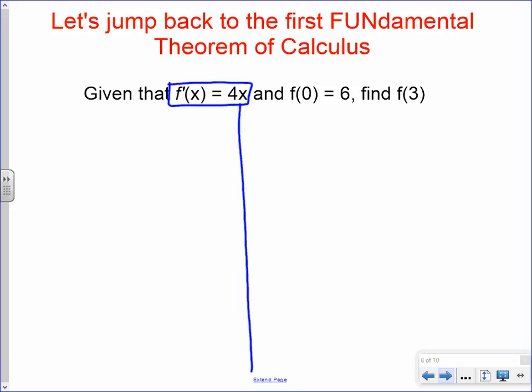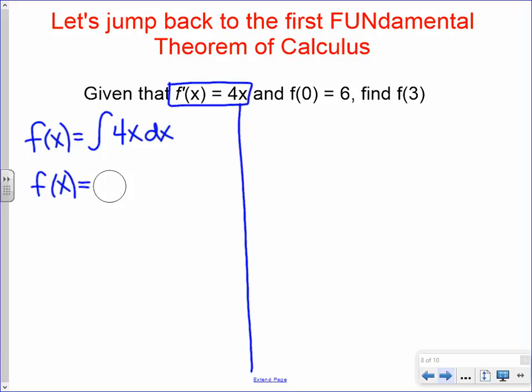F prime of x equals 4x. That first week of school, if I were to ask you, hey, find f of x, you would say, all right, well, f of x is just the antiderivative of 4x. Right? Which means our function is 2x squared plus c.